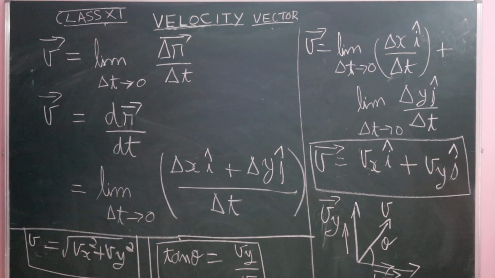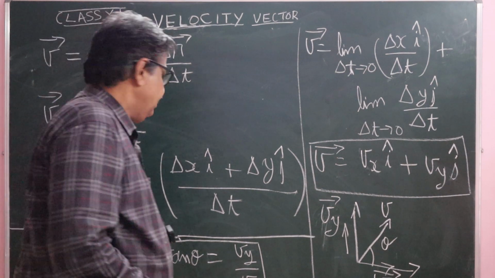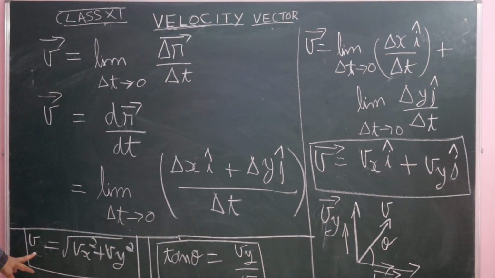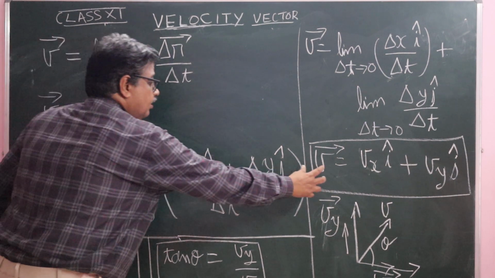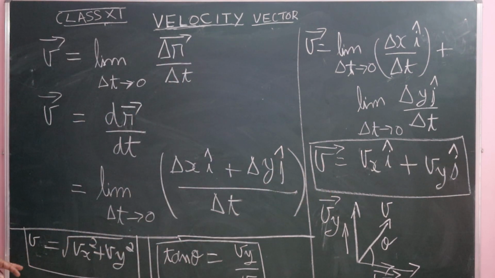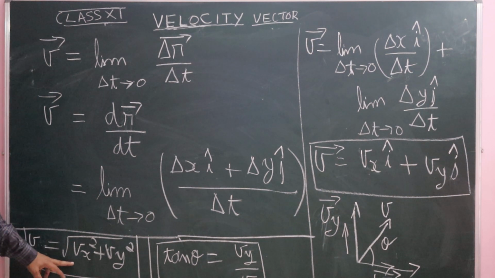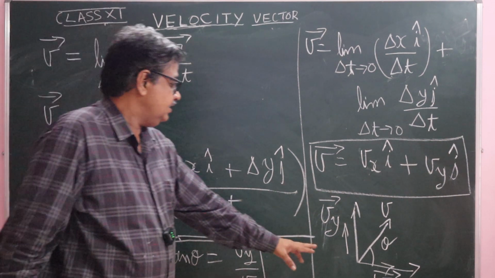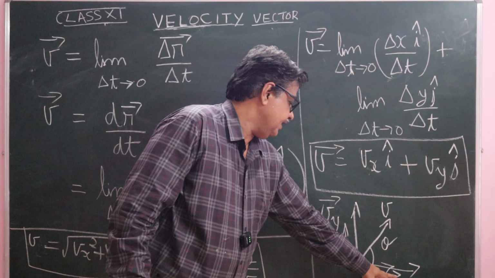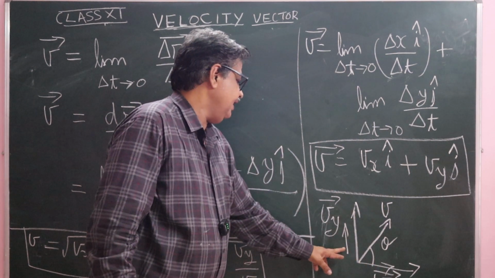And the magnitude of the velocity vector V is the square root of Vx square plus Vy square. Here, this is the velocity component along the x direction and along the y direction.